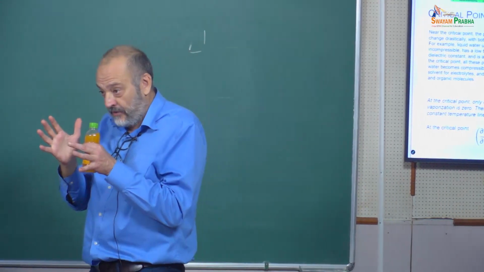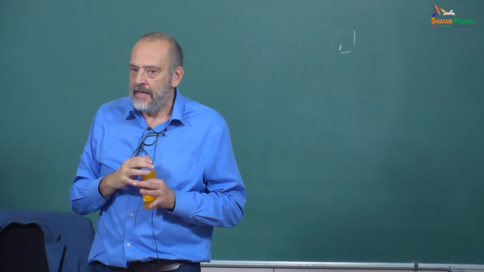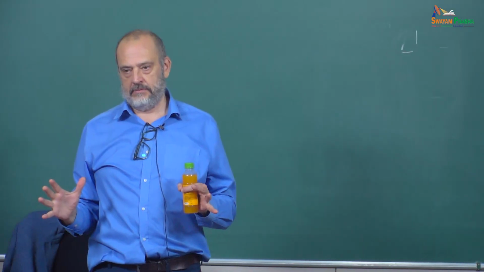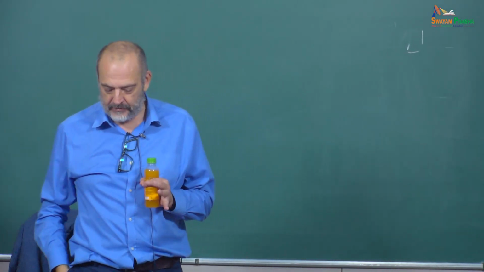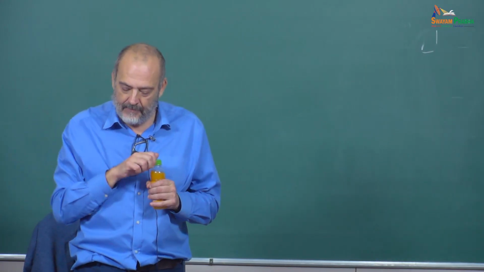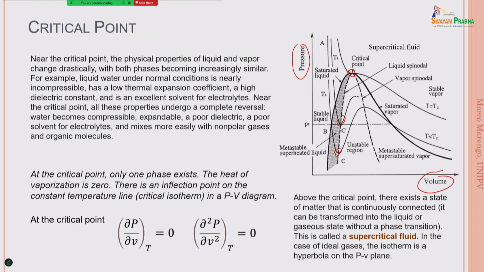Because what is happening close to the critical point is quite complex, so you cannot use the usual way. Above the critical point, there is no variation between liquid and vapor, so these are so-called supercritical points. And so we can use the classical hyperbolic behavior for an isothermal process.